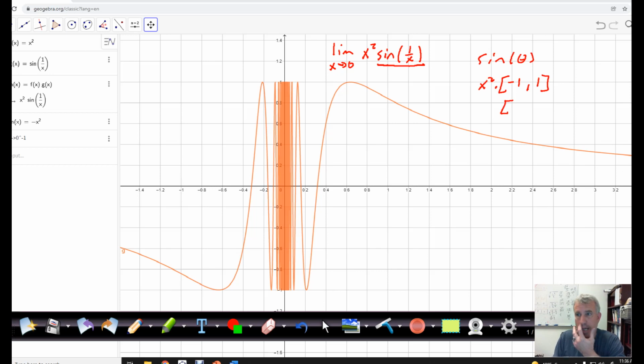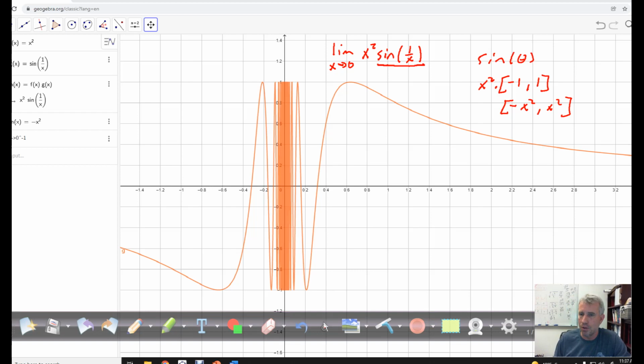You expect the sine, if it's being multiplied by an x squared, to go from -1 times x squared to x squared times 1, which is x squared. You expect that the function is going to be constrained by the parabola -x squared and x squared. And in fact, that's what you see if you look at the graph.